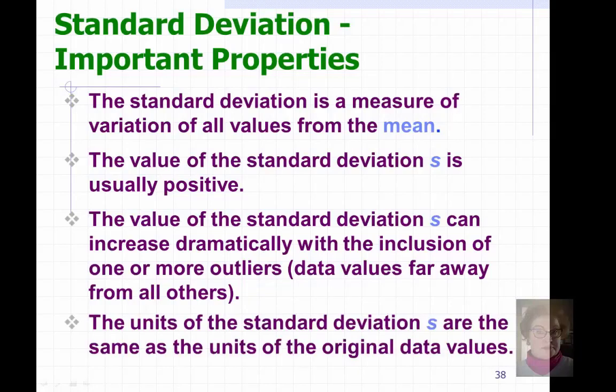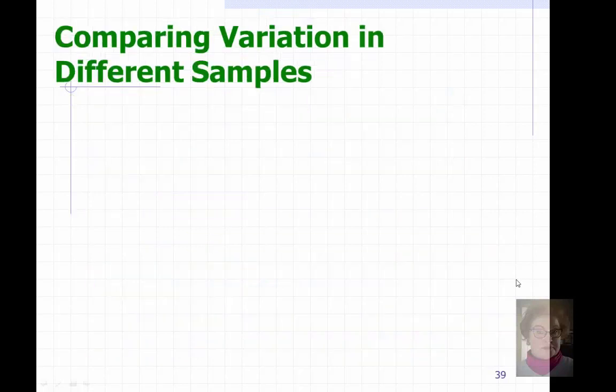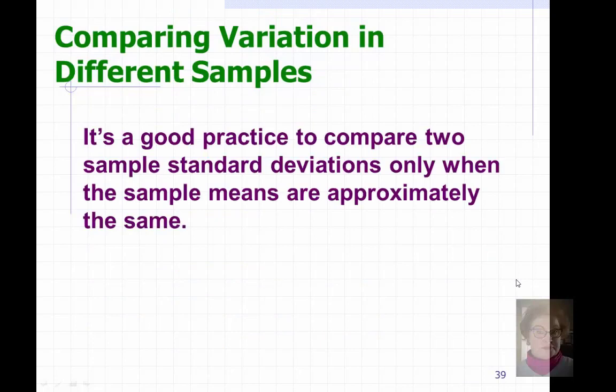And standard deviation does have units, and the units are the same as the original units of the data set. When you have sample means that are approximately the same, then it's good to look and compare the standard deviations. We really aren't going to use standard deviations to judge the difference between samples. We basically use the standard deviations to describe our one set.